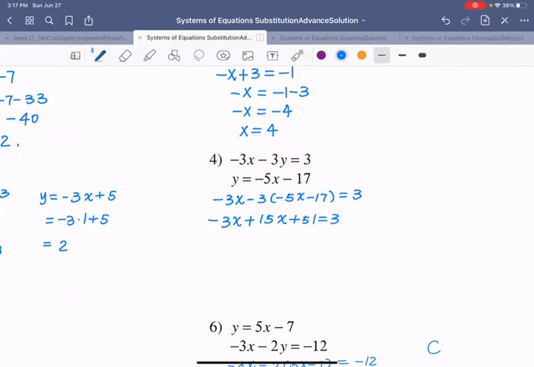Then it'll be 12x plus 51 equals 3. 12x equals 48. X equals negative 4.